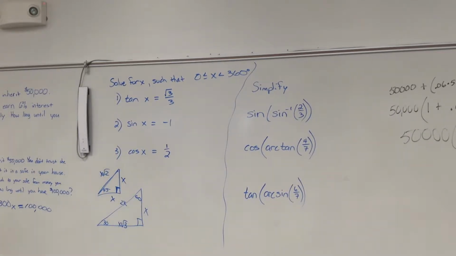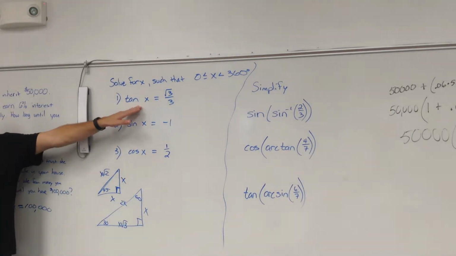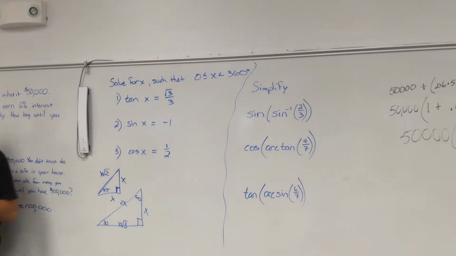Not bad. Okay, we're definitely doing better. Alright, so with that, when you see this equation, the tangent of x equals root 3 over 3, what sort of reference angle would you be working with? 30? Let's look.